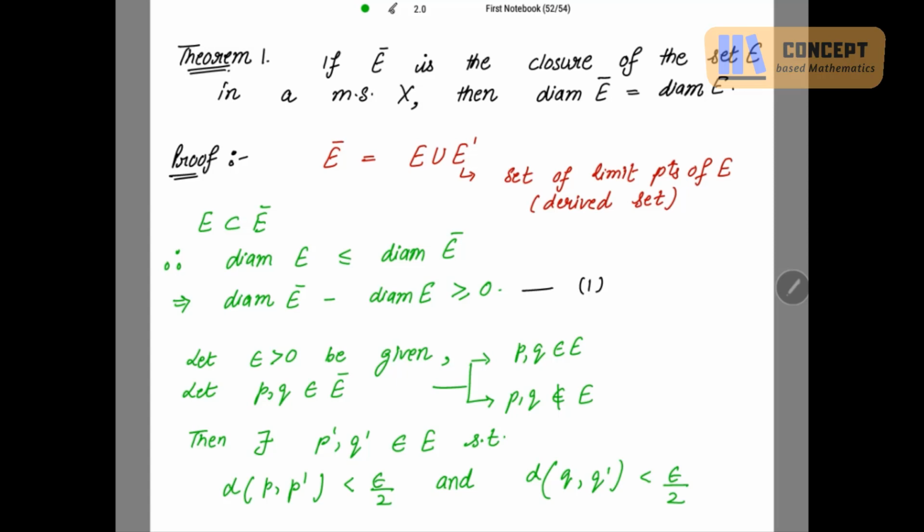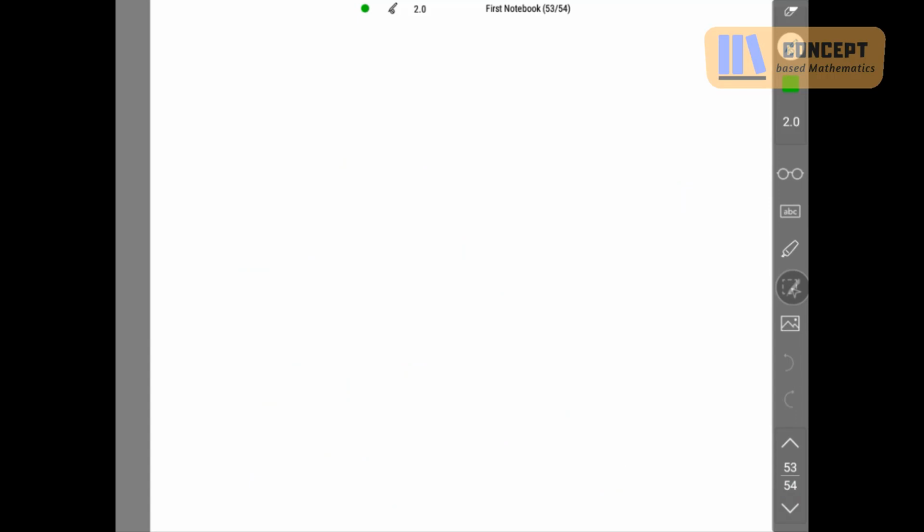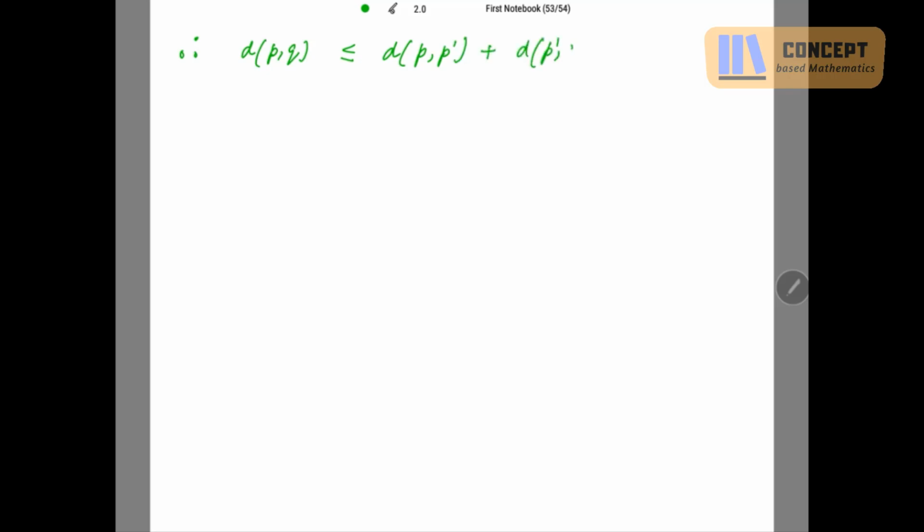So we just have to take 2 points from E bar and 2 points from E and get their distances to be like this. Now taking the distance of the points of E bar, this distance is less than or equal to d of P P dash plus d of P dash Q dash plus d of Q dash Q, right?